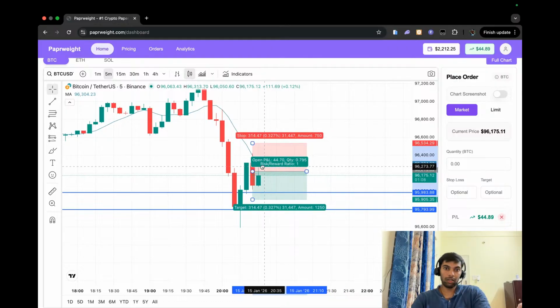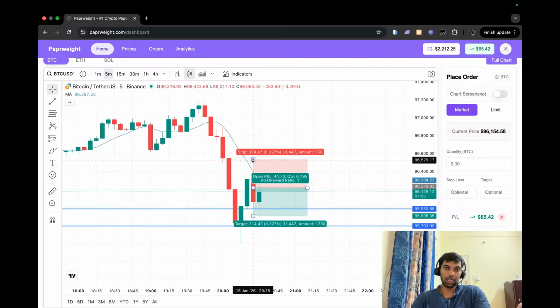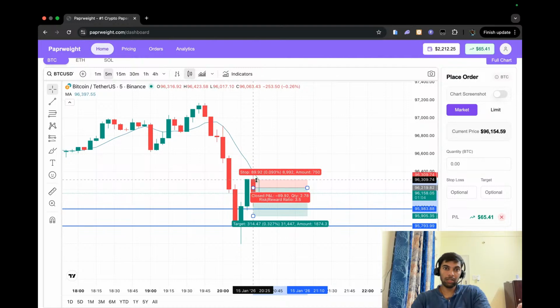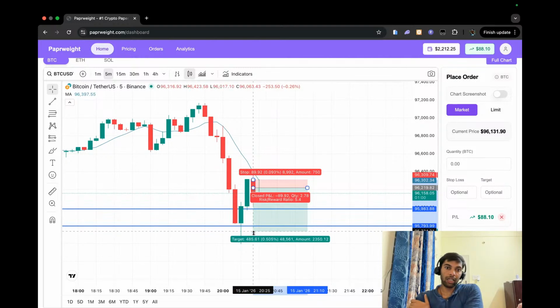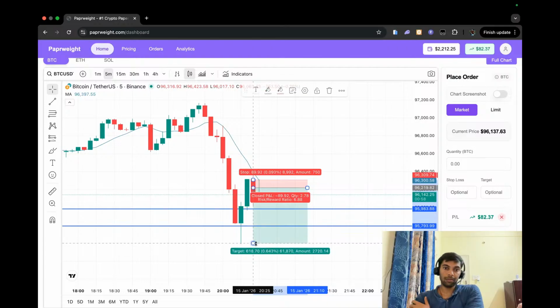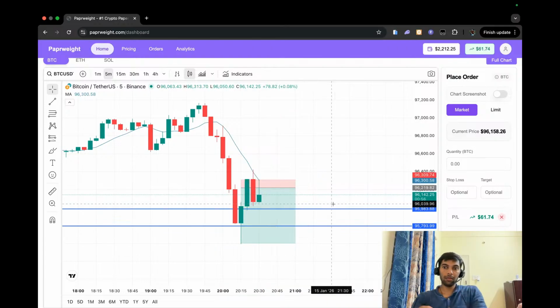Somewhere here. My stop loss is small this time, $89. My target is again at this point. So this is my third trade, guys, and I am very aggressive, or my mind is biased.